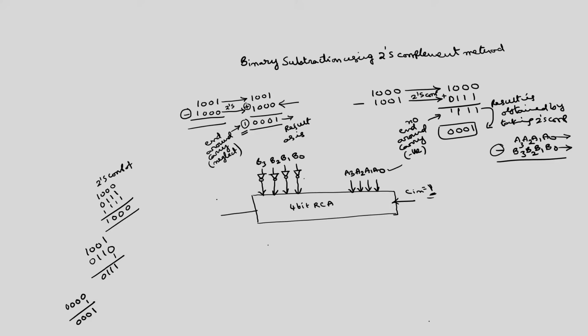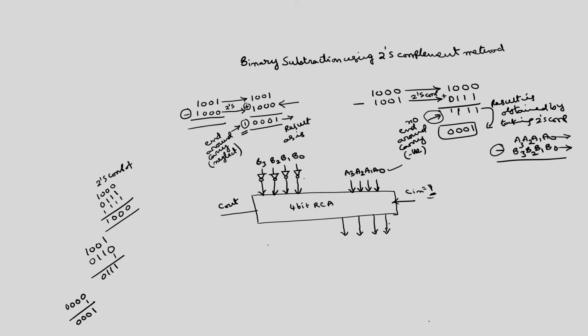Now, after adding this, you will get two conditions. This is C out, the end around carry, which can be either 0 or 1. If the end around carry is 0, you have to take the 2's complement of this sum.